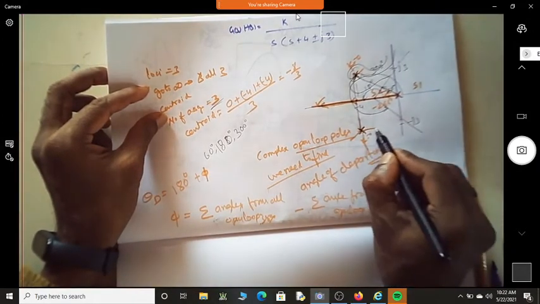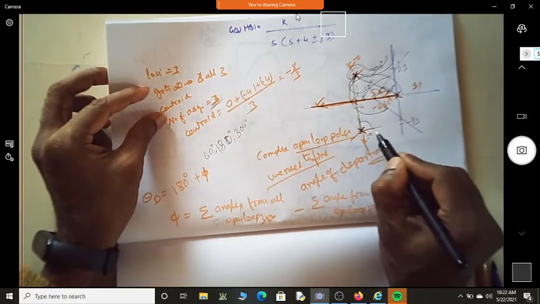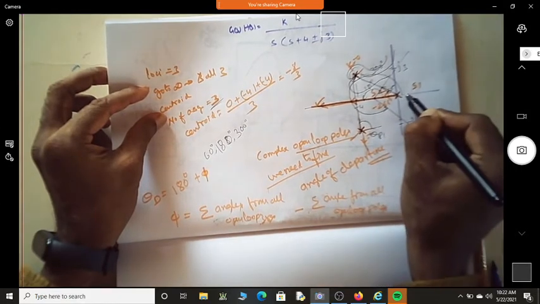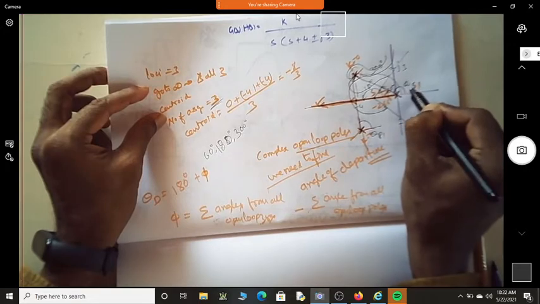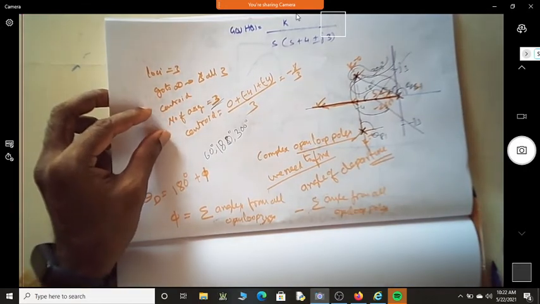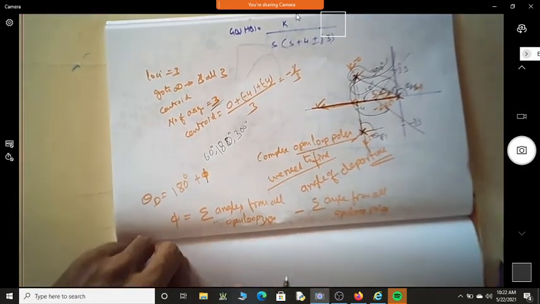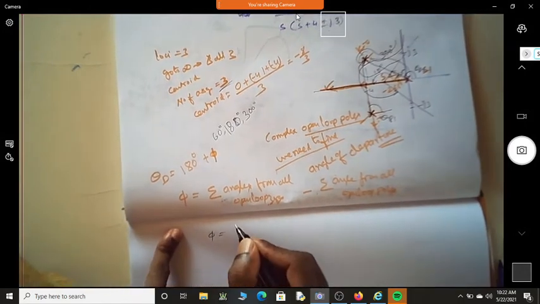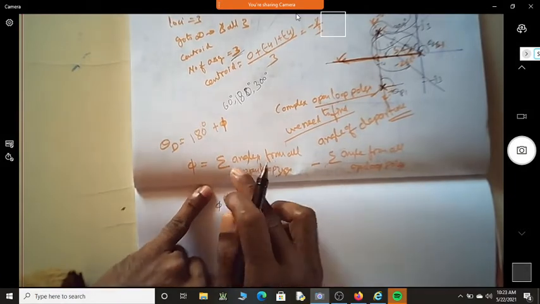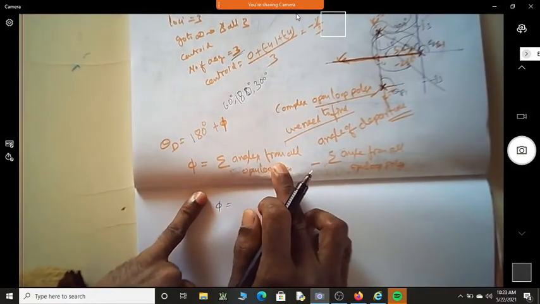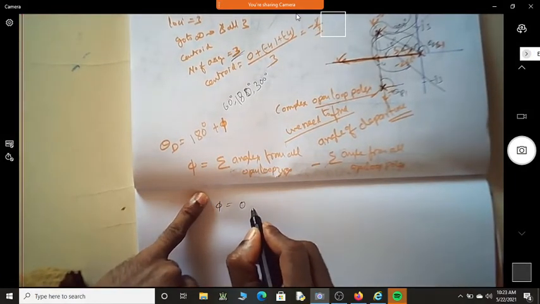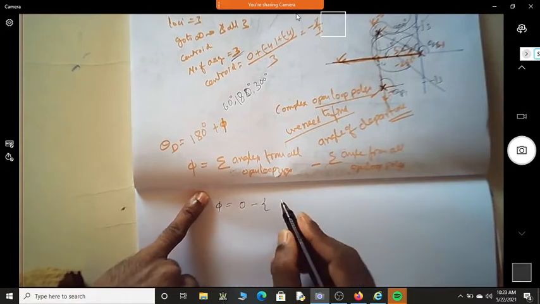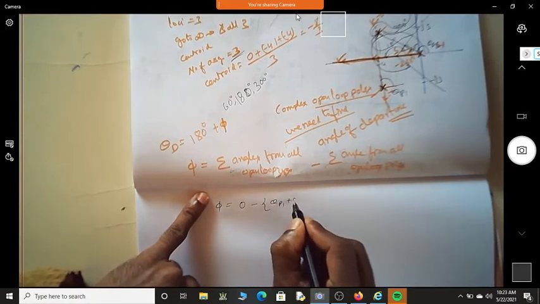Next you find this angle. Let me name this as angle theta P1. So this is theta P2. Correct? Now what is phi? Shall I write phi is equal to, because I don't have any zeros, 0 minus theta P1 plus theta P2?